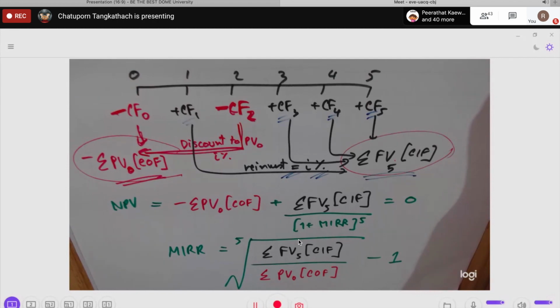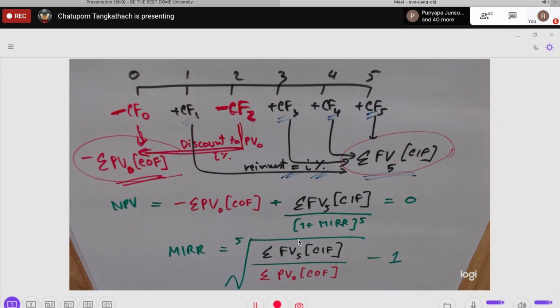Any question for this concept before I ask you to try to calculate MIRR this way? Now, please turn to page 21 first.